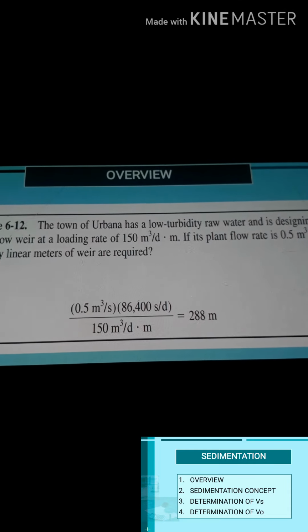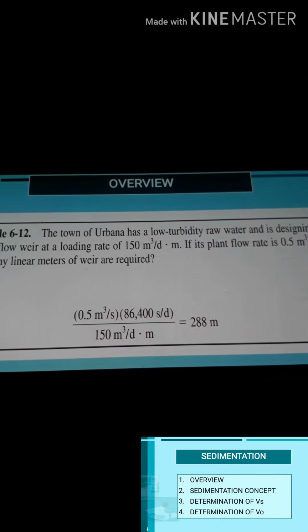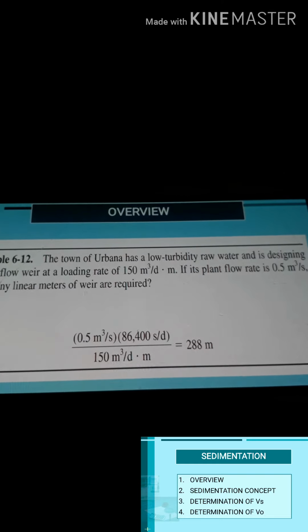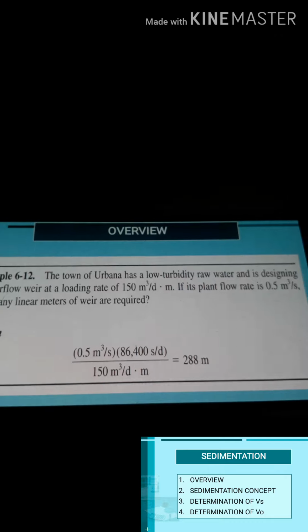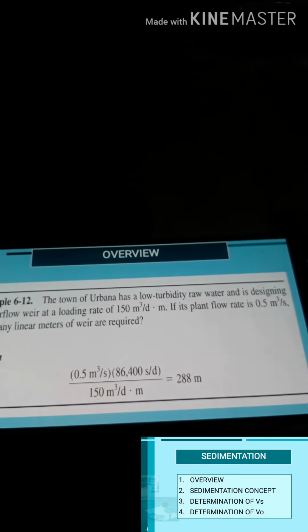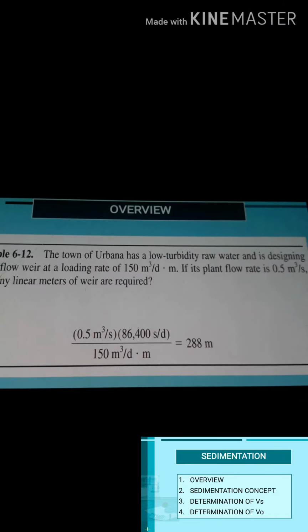Just need to divide 0.5, which is our flow rate, by our loading rate of 150, and multiply by 86,400, and that's a conversion factor, so that we will end up with a unit of meter. Just need to calculate it and we will get an answer of 288 meters.